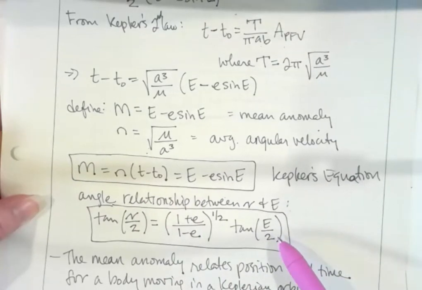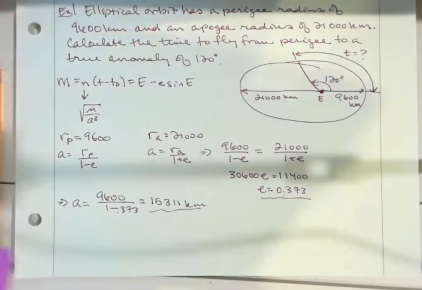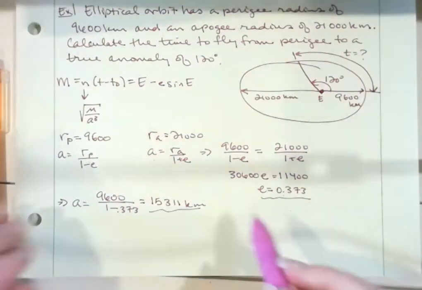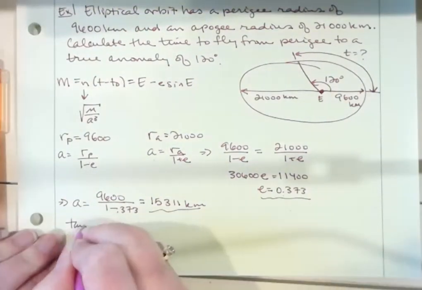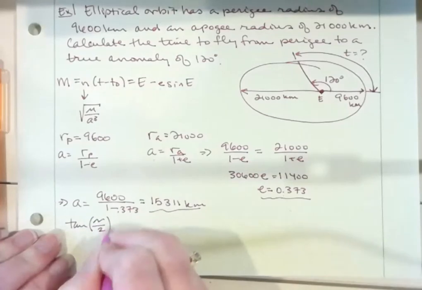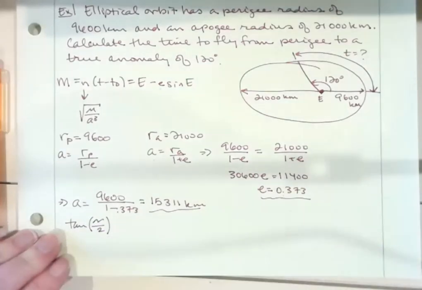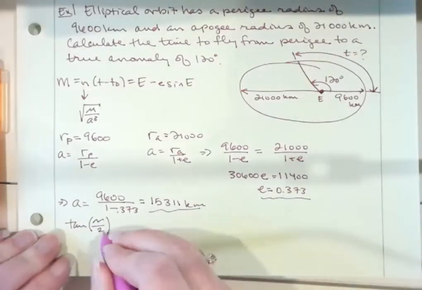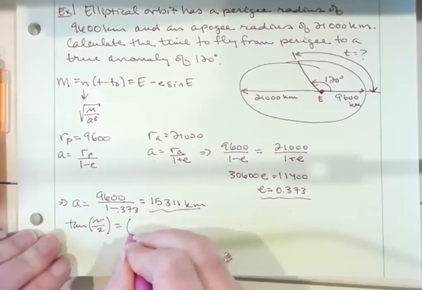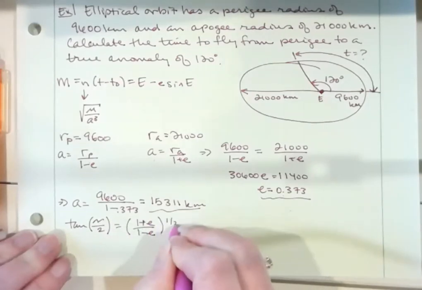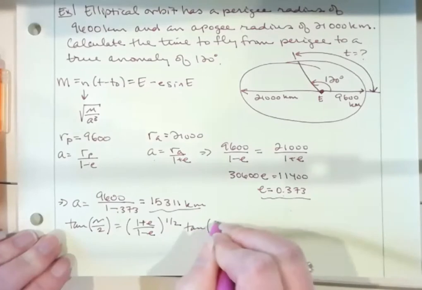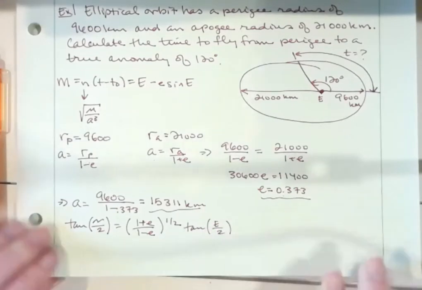All right, so the tangent of nu over 2 is equal to 1 plus e over 1 minus e to the 1/2 power, times tangent of capital E over 2.